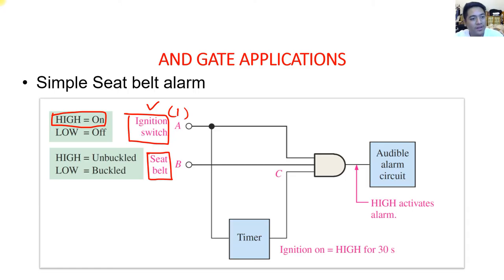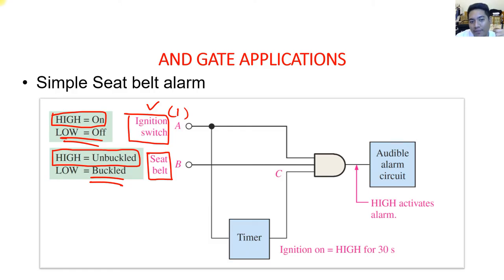The logic 1, high, will be the unbuckled seatbelt, and if you are buckled, then it's logic 0. If you don't switch on the car, then input A is low. For the seatbelt alarm to sound, the ignition switch should be on and at the same time you are driving unbuckled.